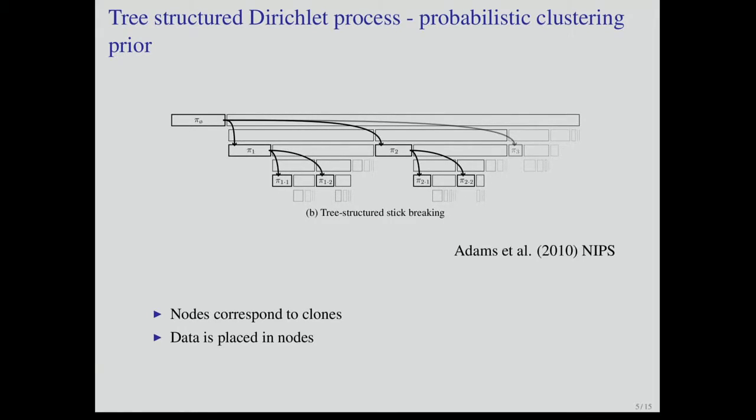So it's the perfect setup for clustering, for mixture modeling. We're going to place the data in the internal nodes as well as the leaves, and the internal nodes and the leaves are going to correspond to clones later.